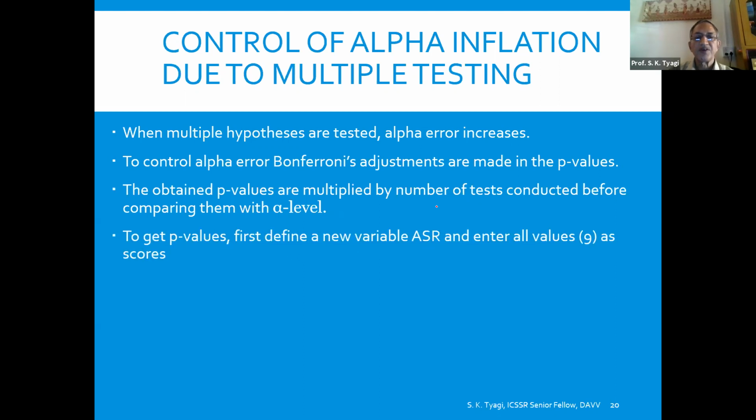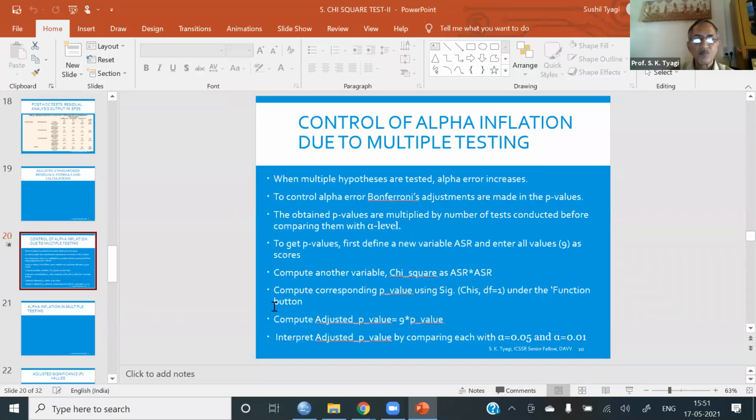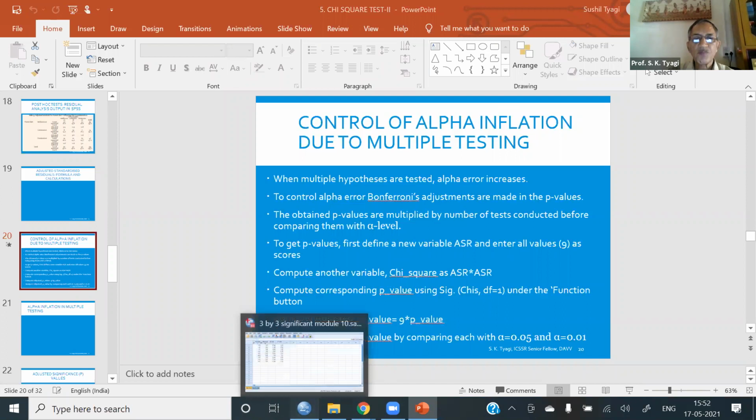Now, how to get the p-value? Let me tell you how to do it, then we will come to this. Otherwise you will not be able to appreciate this. So I come to how it is done. I go to this data.